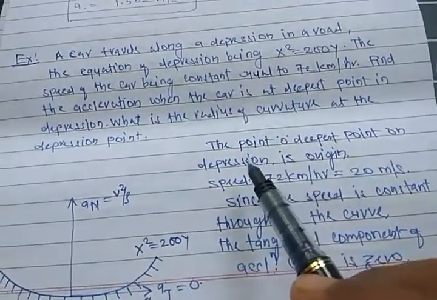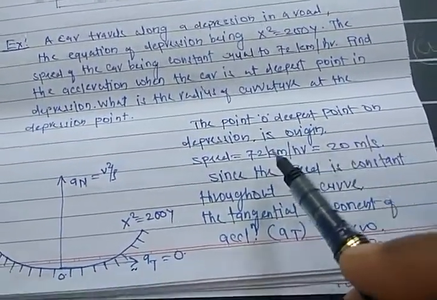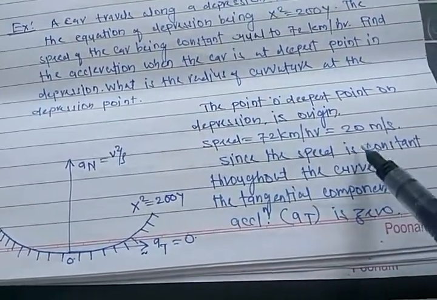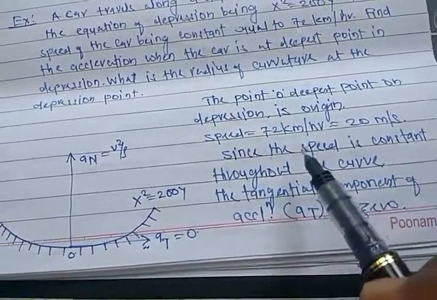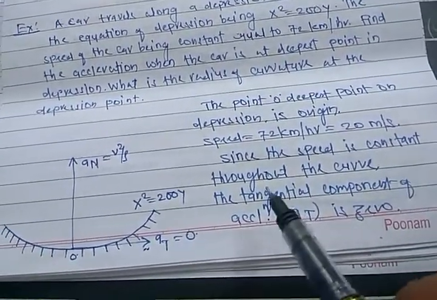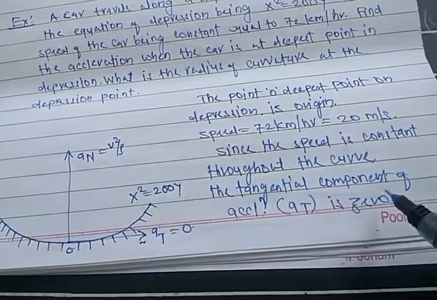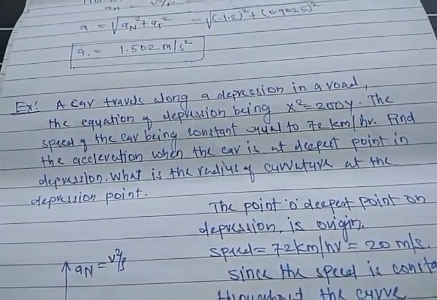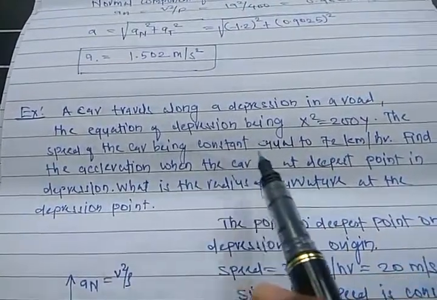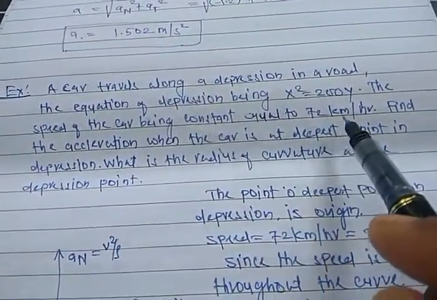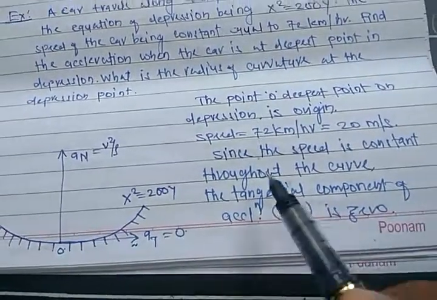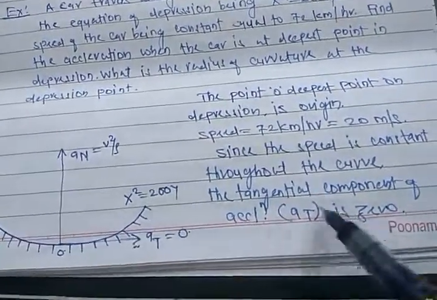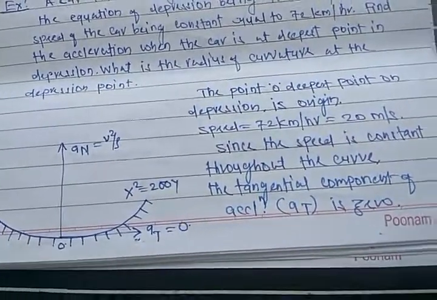Okay, so the point O being the deepest point on the depression, consider this to be the origin. Speed 72 kmph, so 20 meter per second. Since the speed is constant throughout the curve, the tangential component of acceleration at is 0.